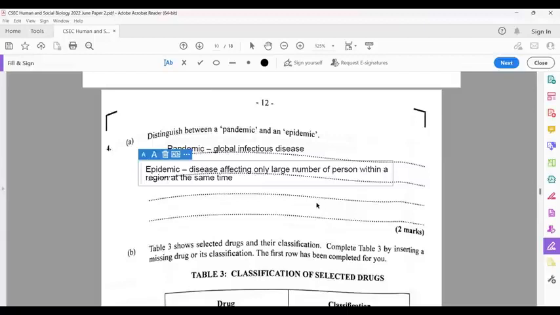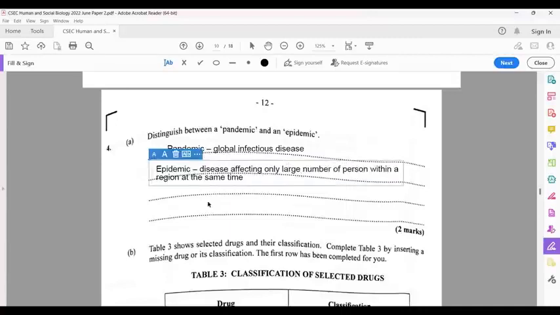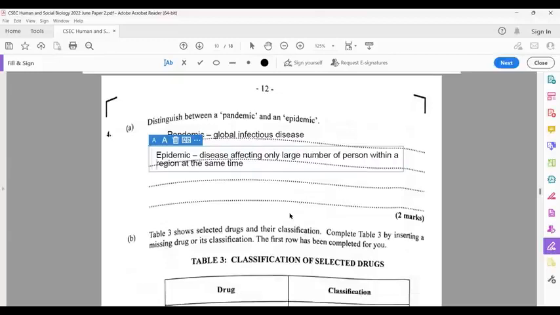Example, Ebola. Ebola was an epidemic. It was affecting a specific region. It wasn't traveling the whole world. Right? So this question, I'm considering this is the May-June 2022 paper in the middle of the pandemic. This is not an unreasonable question to get. In fact, this was a highly anticipated question.